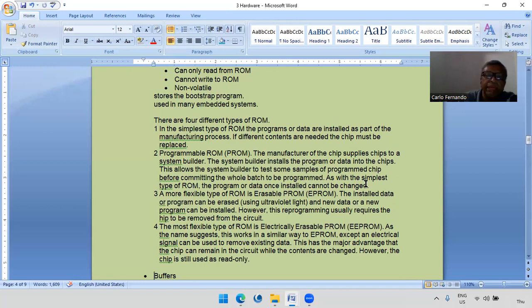When that is finalized, then it can be manufactured on a mass scale. As with the simplest type of ROM, the program or data once installed cannot be changed. It cannot be changed, right?